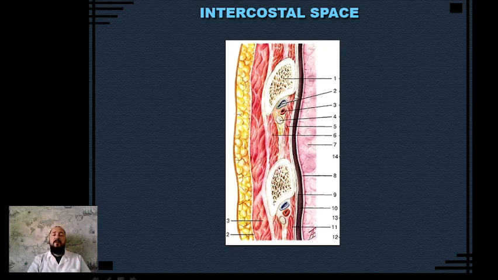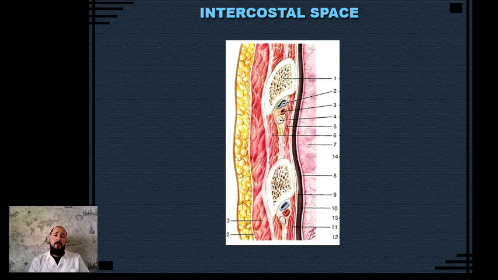You can see that behind the internal intercostal muscles we have the endothoracic fascia, the parietal pleura, and between the parietal and visceral pleura we have the pleural cavity.